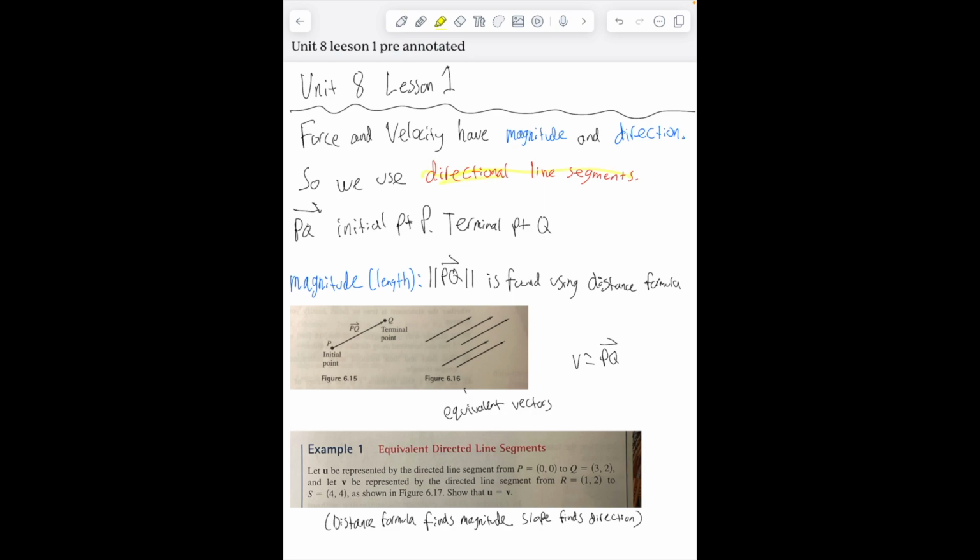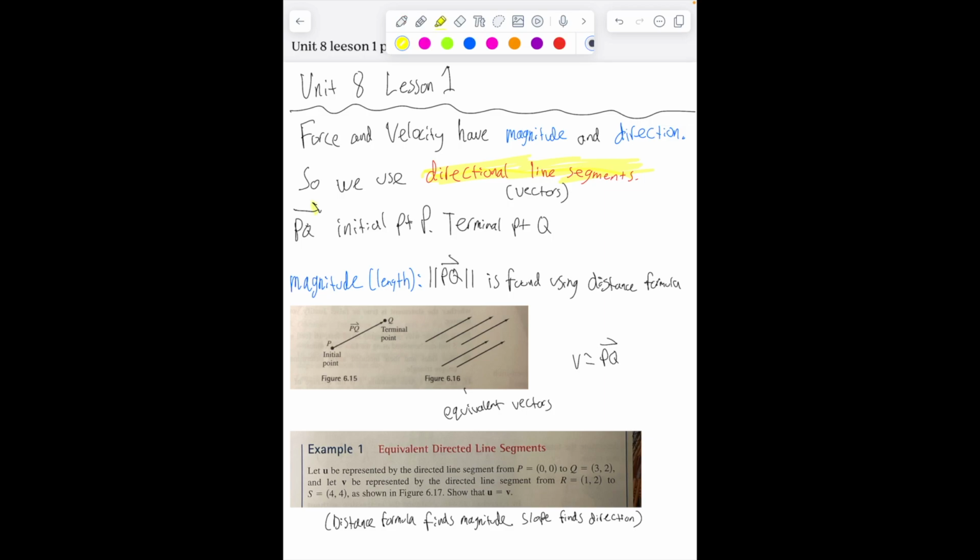So we use these directional line segments, which is what I'm describing. These are vectors. A line segment is moving in a certain direction. Like this example right here, PQ. Notice the symbol, it's like half an arrow.